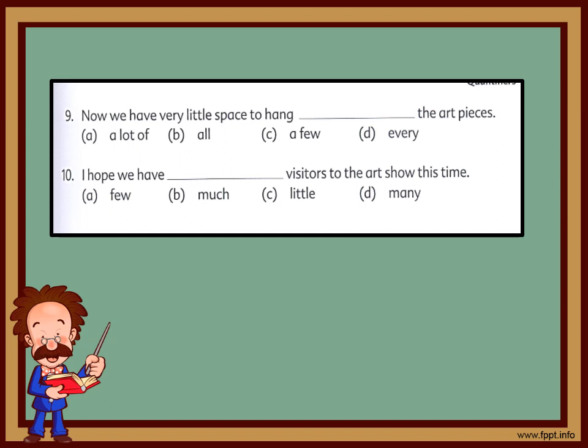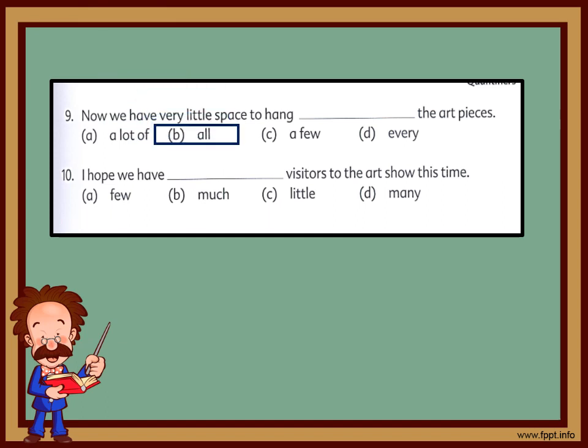Now all the art pieces could be a lot of art pieces. Right or wrong? Wrong. Then what would be your answer? That a lot of is wrong. Good. We use that before singular or non-count, then that could be right. So leave that. Now what could be? Yes, B. All the art pieces.